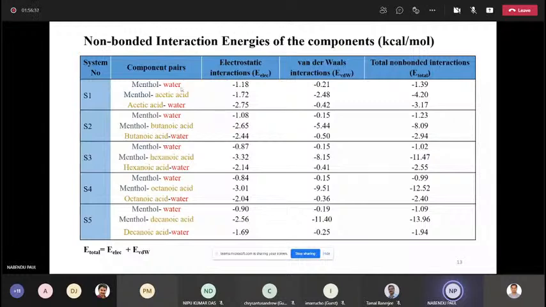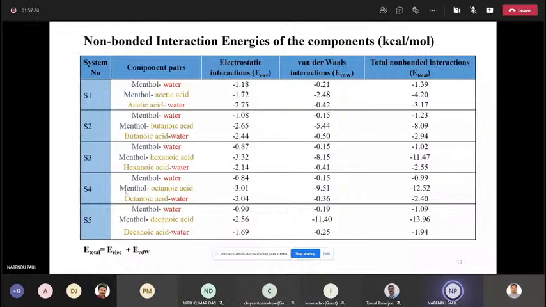But if you notice the HBD-water interaction for all the systems, if we gradually increase from acetic acid to butanoic acid, hexanoic acid, and octanoic acid, you can see the total non-bonded interaction, which was 3.17 in case of acetic acid, is gradually decreasing to 2.94, 2.55, 2.4, and 1.9 in case of decanoic acid, which means that in the presence of water, the lower chain carboxylic acids like butanoic acid or acetic acid are much more water miscible than the higher organic acids, because the higher organic acids have high hydrophobic property. That's why they repel water.